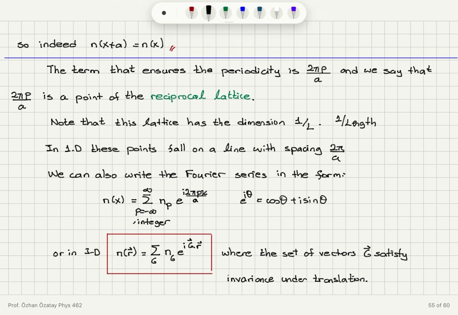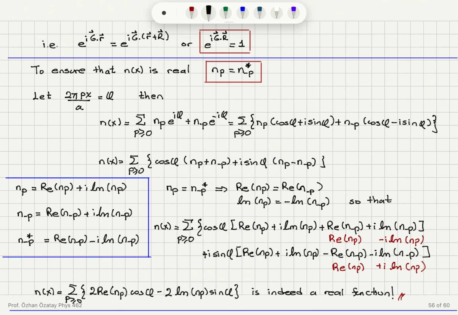And if you generalize it to 3 dimensions, it can be written as a sum over a set of vectors g, n_g e to the i g dot r. So it's a dot product between a vector g and a direct lattice vector r.